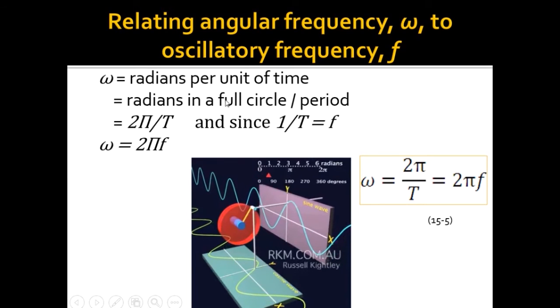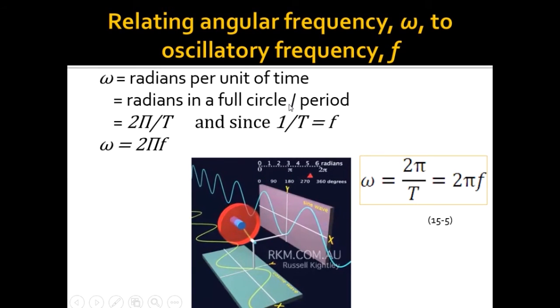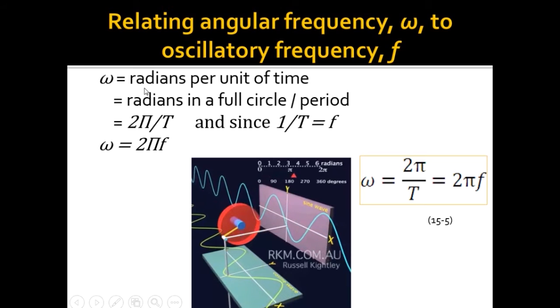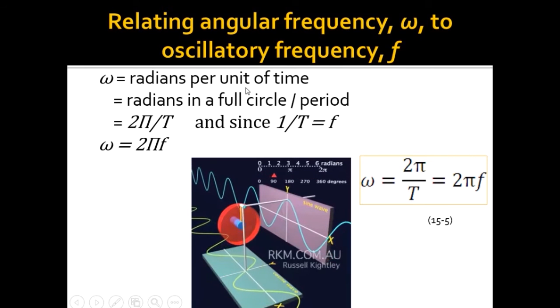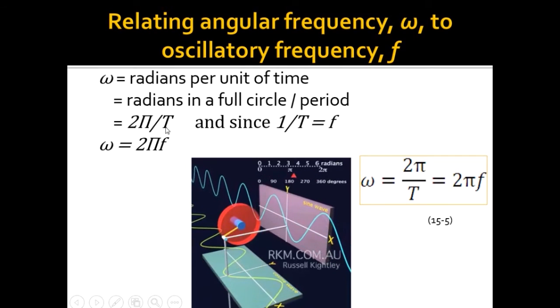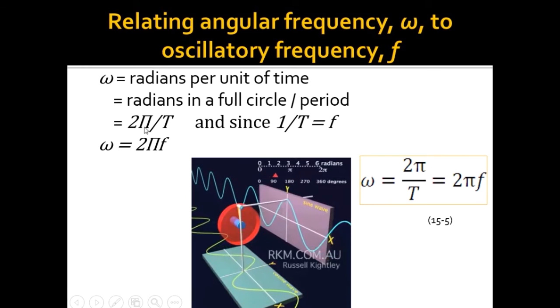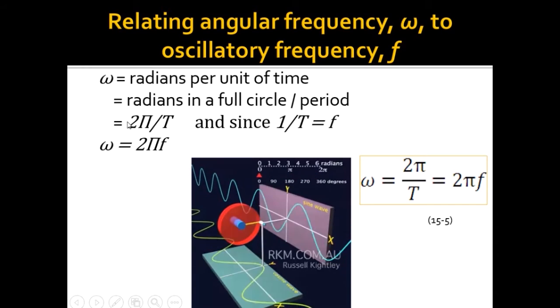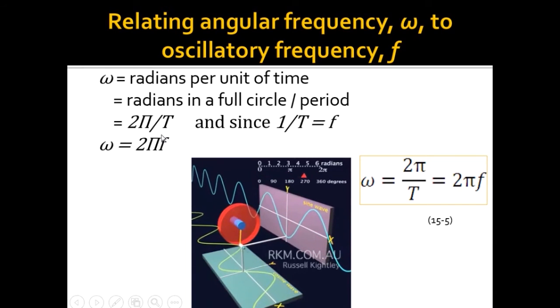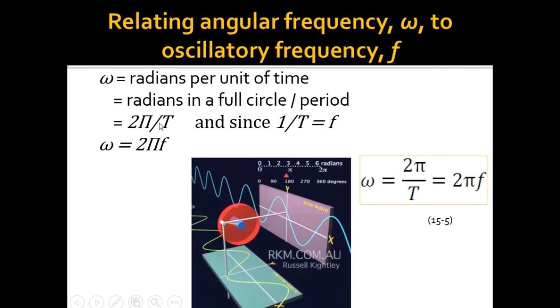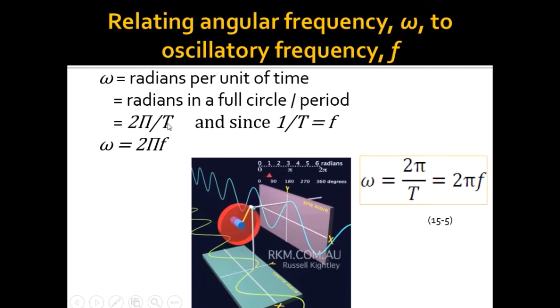So radians in a full circle divided by the period is the radians per unit of time. So I'll just use the time and the radians for one complete cycle. In one complete cycle, I have 2 pi radians, and the time it takes for one cycle, by definition, is the period.